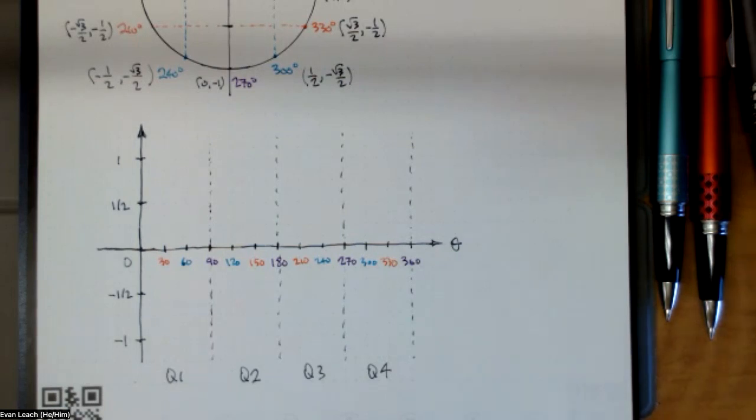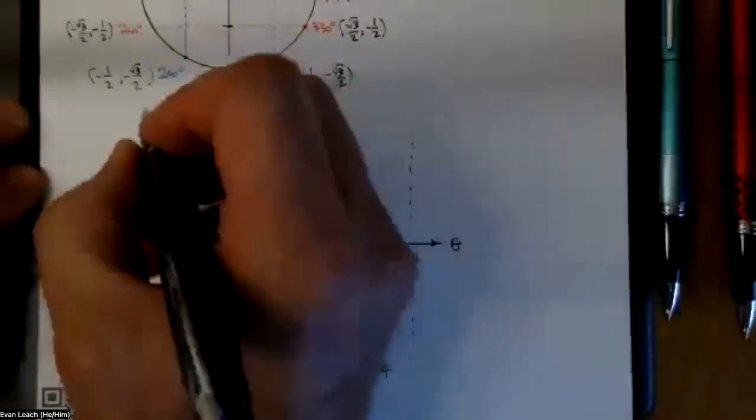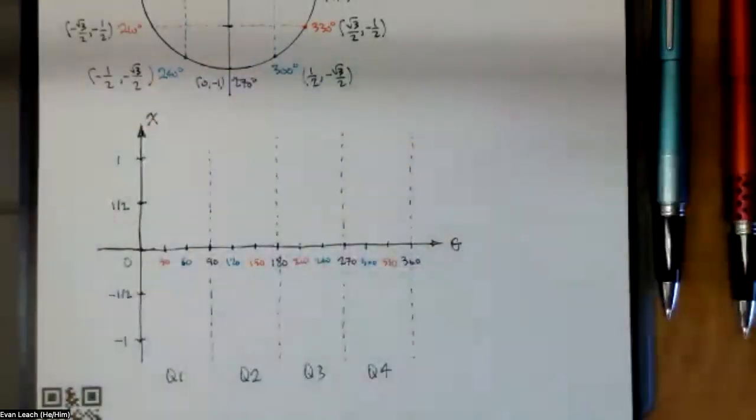Now I'm going to go around and plot the x coordinate at each of those thetas, not the x and y, just the x coordinate. So my vertical axis is going to be the x-axis. And I'm just going to track the x values around the circle at 30-degree intervals.